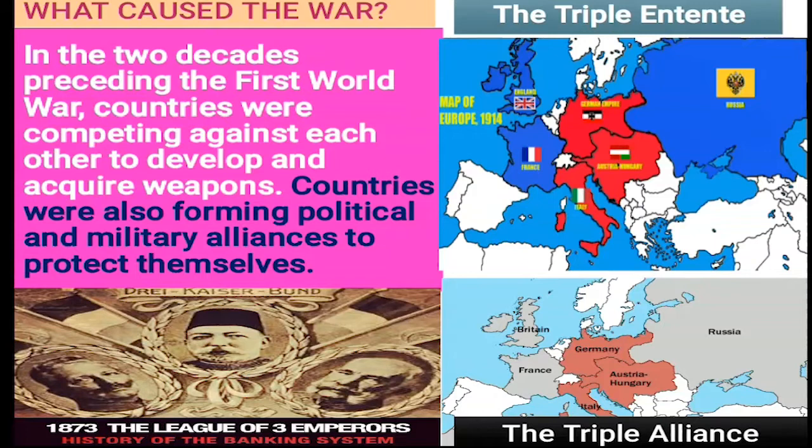And again there was an alliance in 1914, and it was between the Russian Empire, the French Third Republic, and Great Britain. So these were some alliances which were responsible for having such a great war in 1914.